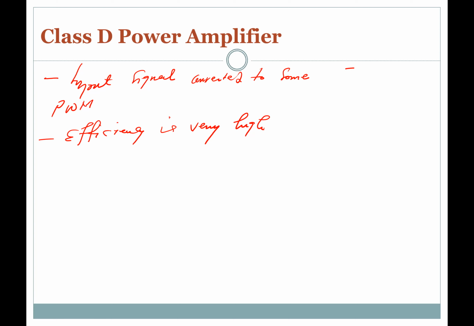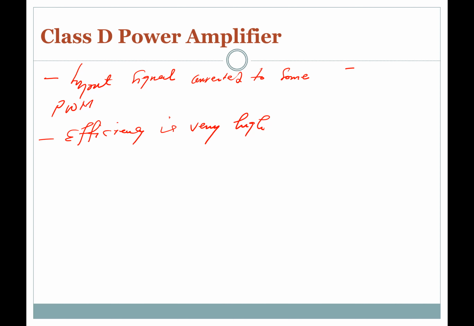Now normally what happens here is that the conversion is done by what we call an analog to digital converter, which would convert the input signal from an analog form to a digital form. Okay, when this is done, the signal is amplified, and very little power is dissipated in the amplifier.